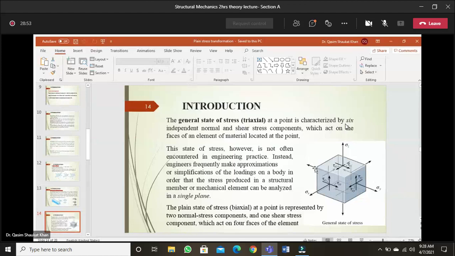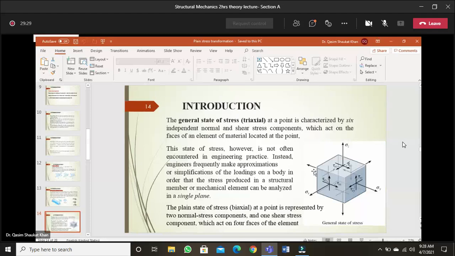So in the computation, I just need to know the normal and shear stresses acting on the YZ plane, the normal and shear stresses acting on the XZ plane, and the normal and shear stresses acting on the XY plane. Everyone agrees with me up till this point? Yes, sir. Okay, now we will proceed further.